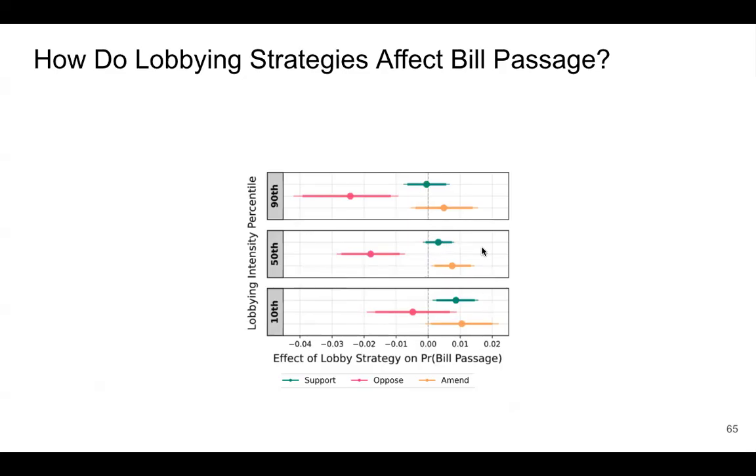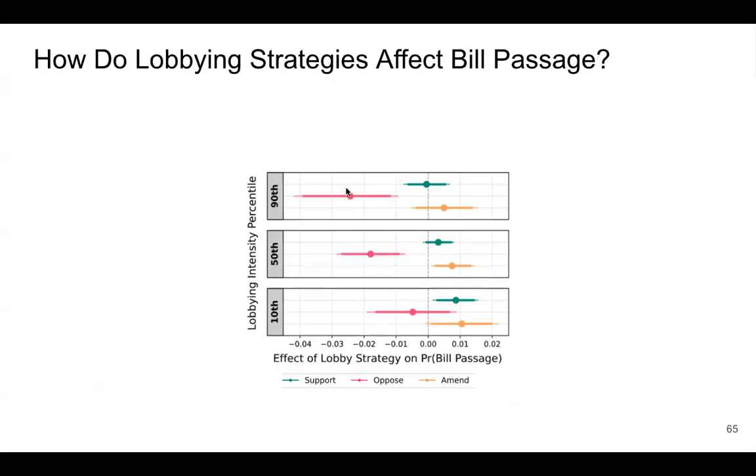Among the green, meaning lobbying to support the bill, the one at the bottom is the largest. When there is little lobbying activity, lobbying to support makes the bill get passed more; the difference is larger. If there's a lot of lobbying activity, lobbying to support doesn't really make any difference.